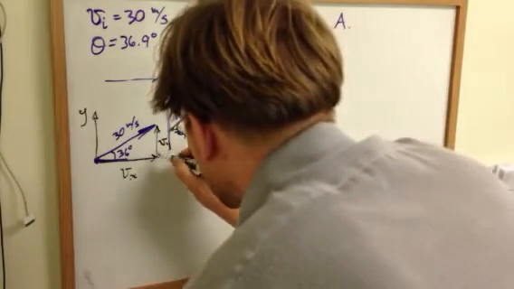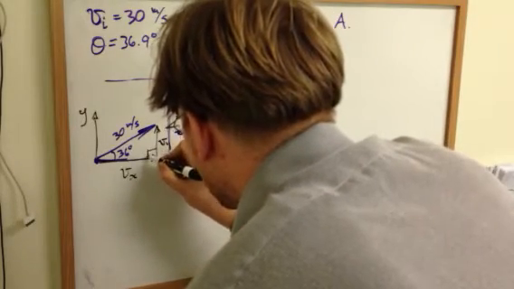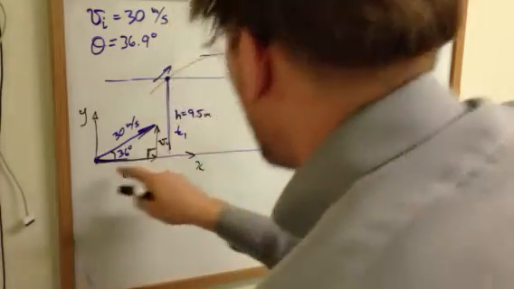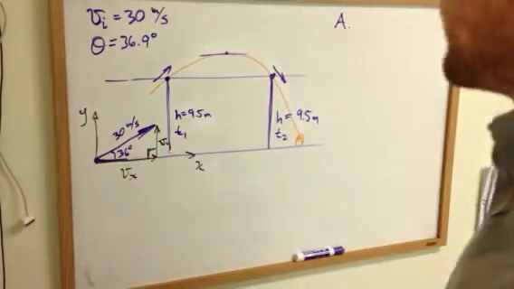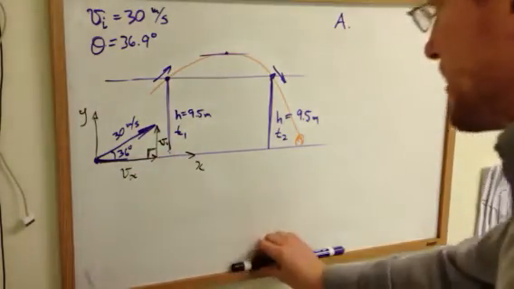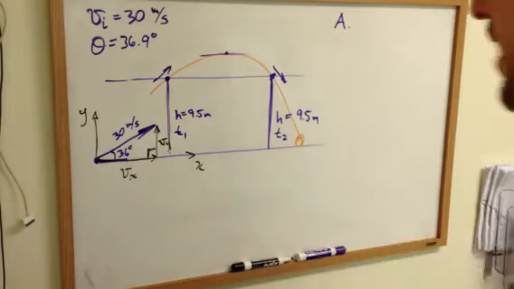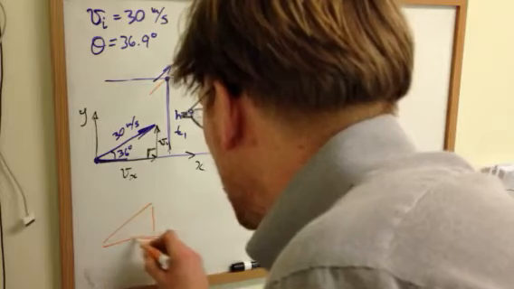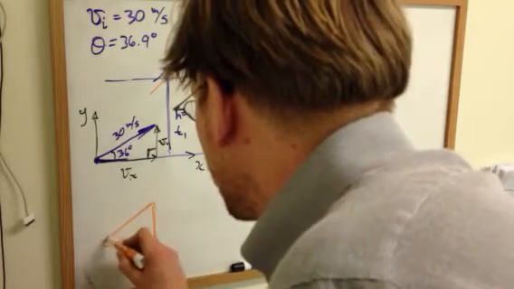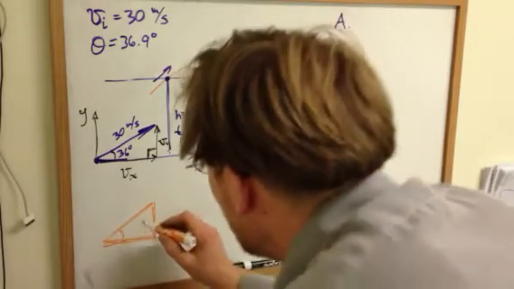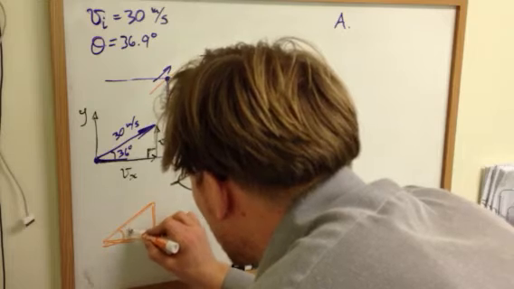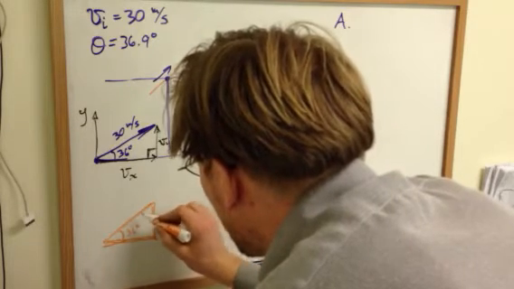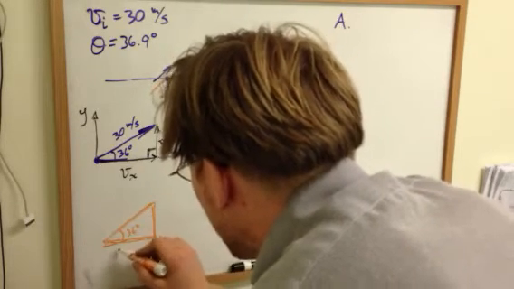These vectors together form also the sides of a right triangle. And we can use our knowledge of trigonometry and basic geometry to deal with the sides of a triangle.